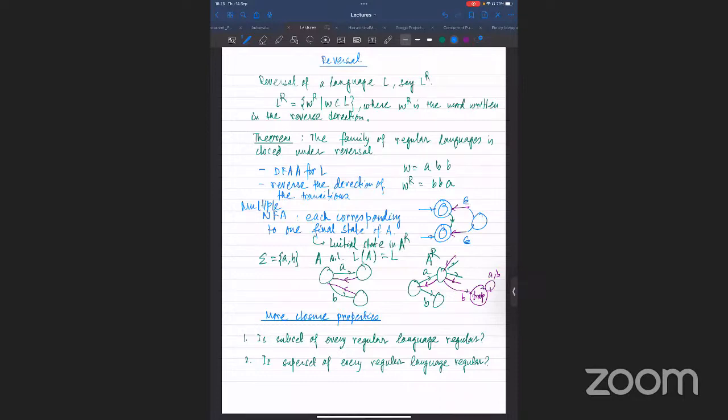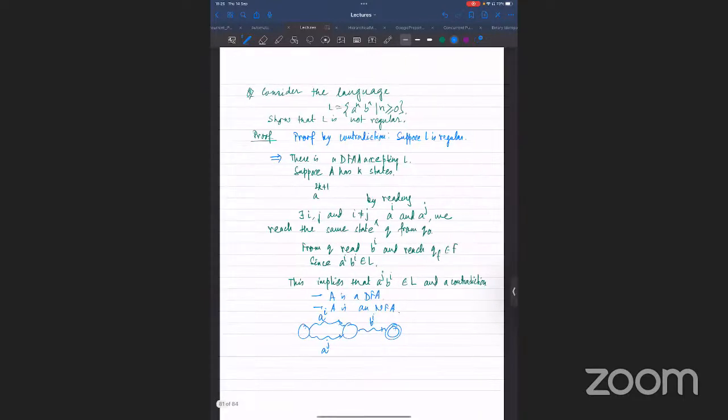For example, A star B star is regular, but A^N B^M with a restriction need not be. And similarly, for a superset of a regular language, if you consider an arbitrary superset, it may not be regular, right?